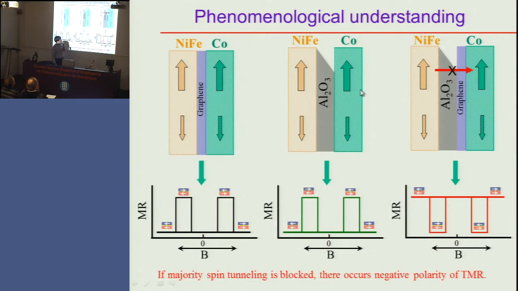Then tunneling from the majority spin of one side of the material to the minority spin state of the other side is enhanced. In such a way, you could explain why this negative TMR appears. Anyhow, the condition is that majority spin tunneling has to be blocked when you combine two materials.